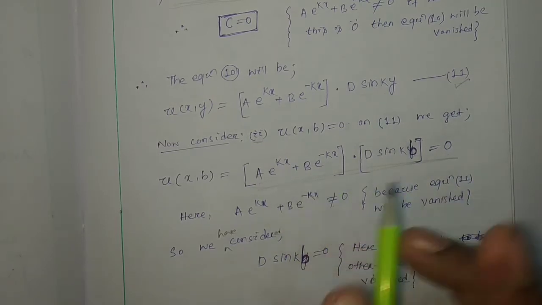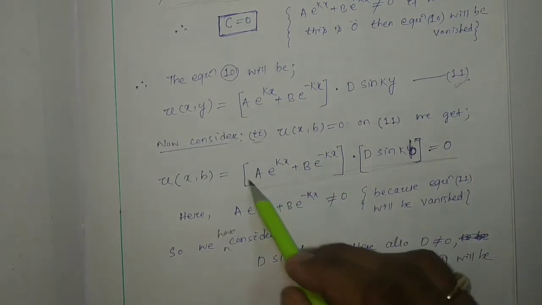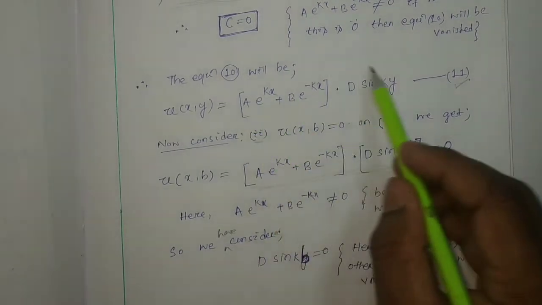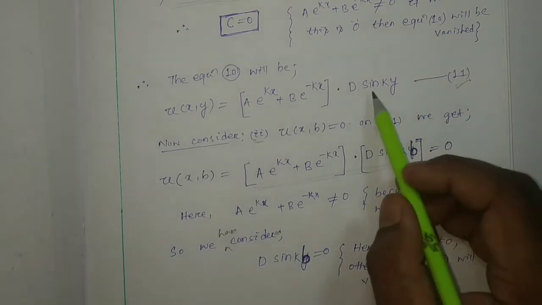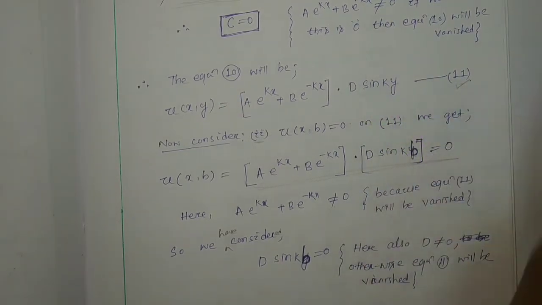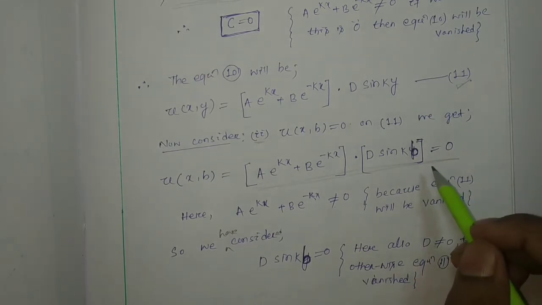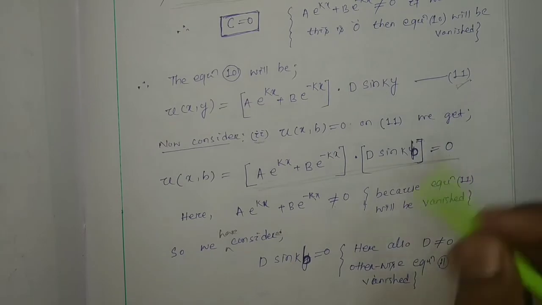There are two ways to understand this: if this is 0, then the entire term is going to vanish. So this has to be taken as 0, but with some condition that we are going to discuss.